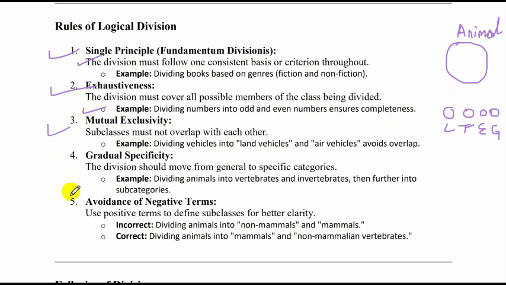Mutual exclusivity. Subclasses must not overlap with each other. That is, one part of the lion should not go into tiger, or tiger into elephant. They should be all mutually exclusive. The class of lion should contain only lions, class of tigers only tigers, and so on.